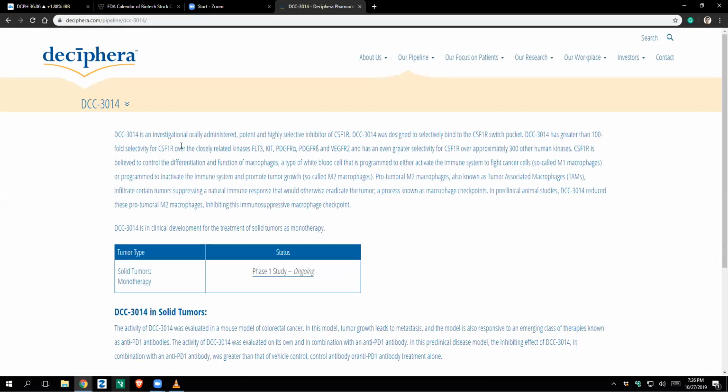So DCC 3014, investigational orally administered potent highly selective inhibitor of CSF1R. Greater than 100-fold selectivity for CSF1R. This was the target which many companies were attempting recently.